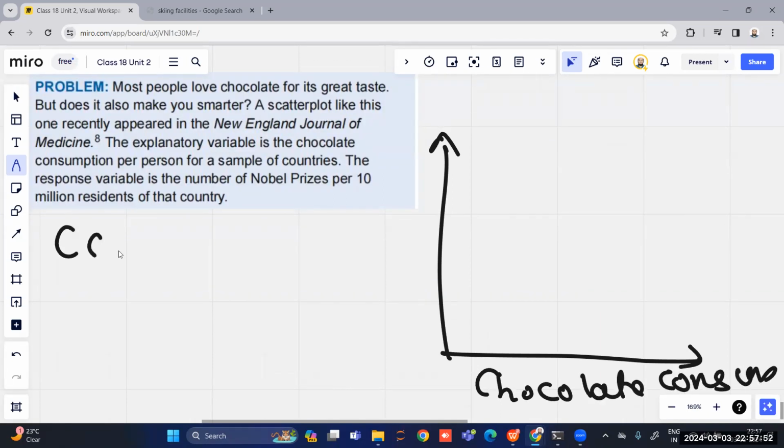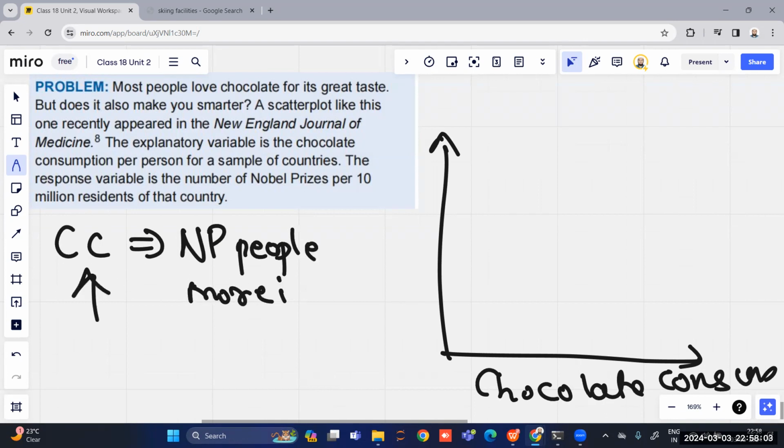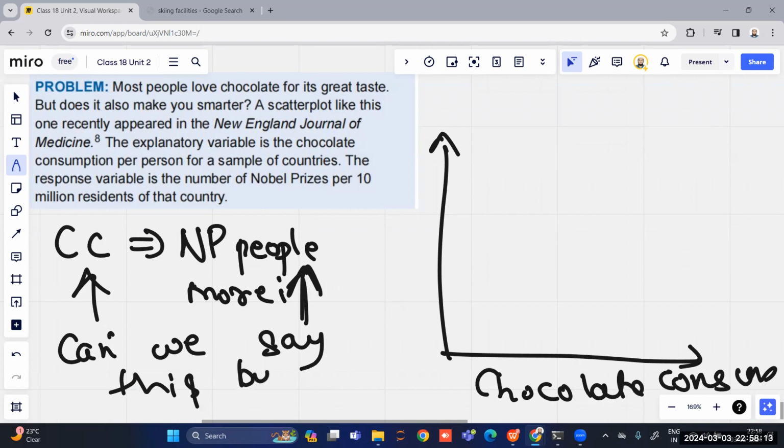What he's telling is: if the chocolate consumption is more, are the Nobel Prize people also more in that country? Does this imply this? Can we say this by correlation? Yes or no? This is the question here.